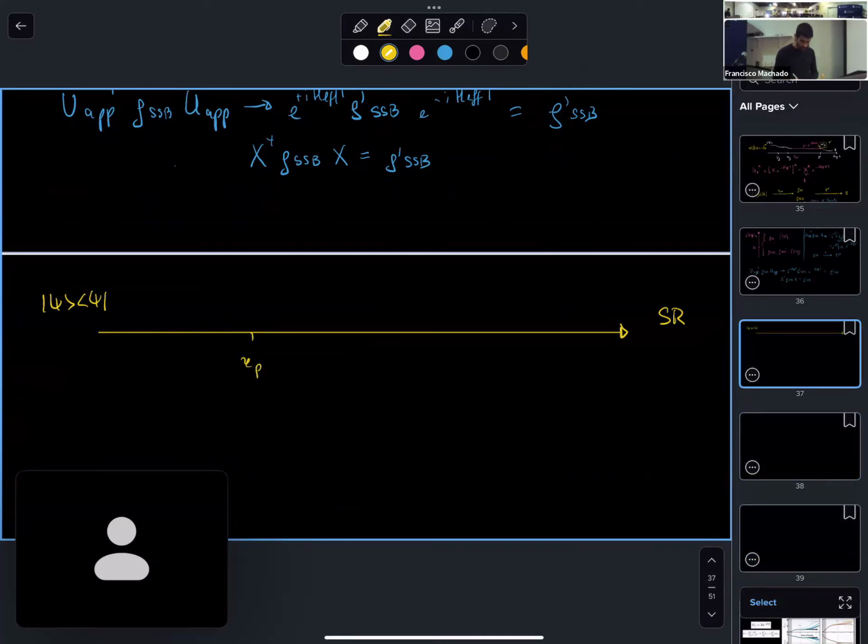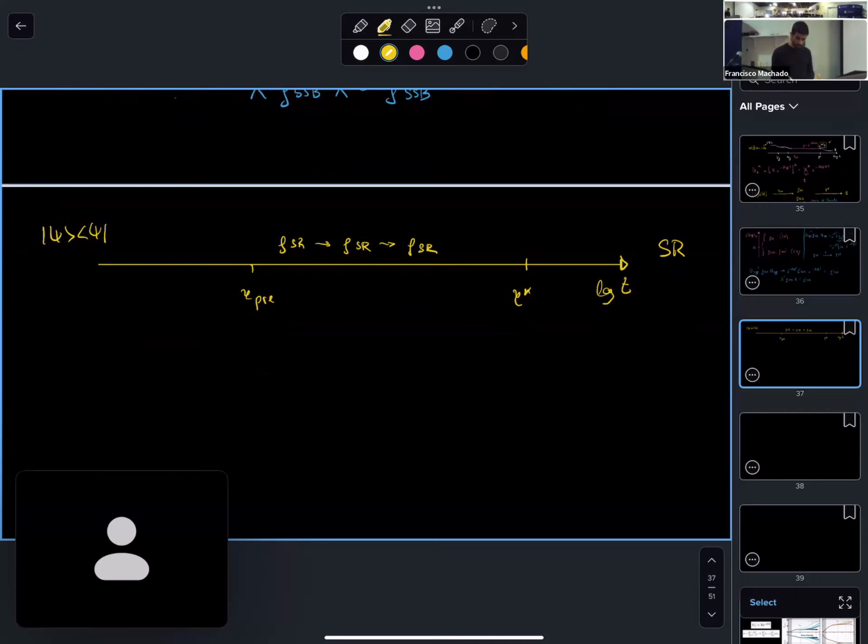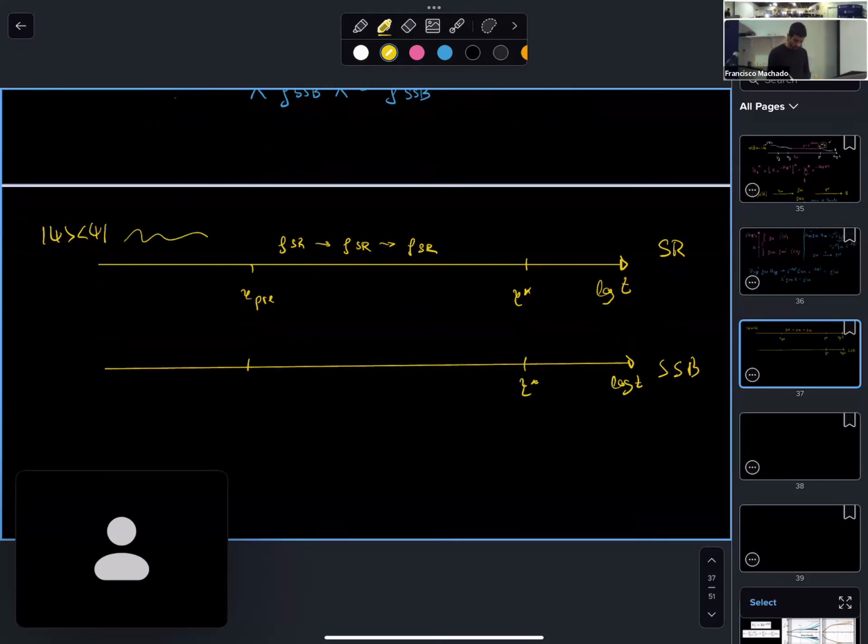Eventually I get to this tau pre, and this is log t again. And then I look at tau star. And within this regime, every period, the system is going to be in the symmetry respecting state.